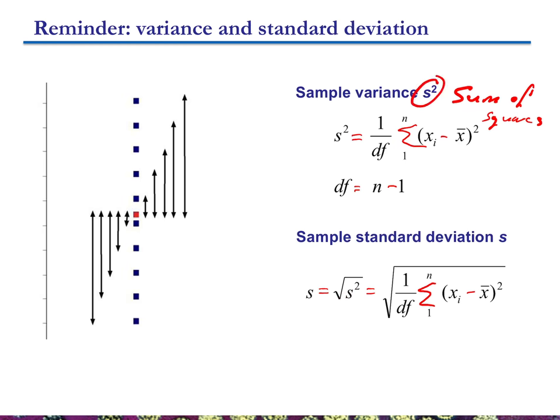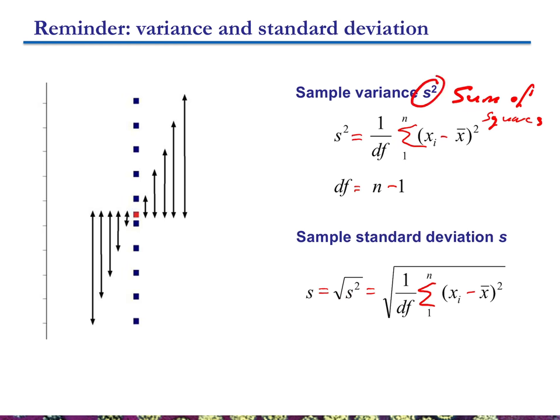The sample variance very often is a very large number because you're squaring. So converting it to standard deviation puts it back into a number more along the lines of the units of our measurement, whatever it is we're measuring. So standard deviation is more intuitive, but a lot of times you see sample variance being used as well.